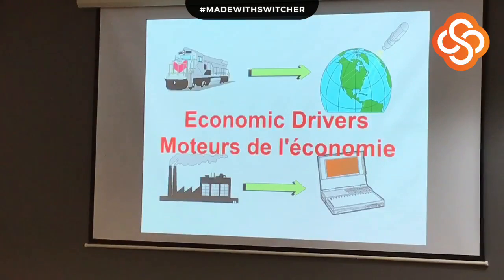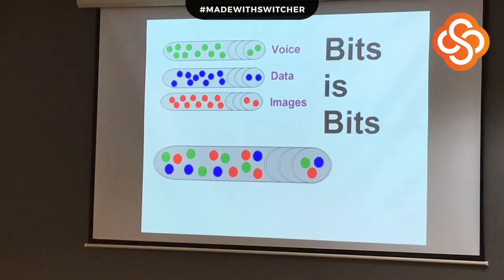The economic drivers that were once transportation and manufacturing are now computers and telecommunications. And it's a major shift in my lifetime that this has happened. And this shift has been based on bits of information. So people think of in the computer there's voice, there's data, there's images coming down.